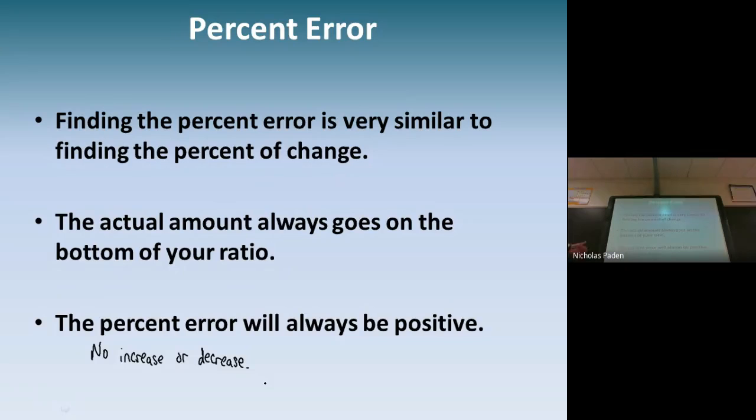And so this could be used maybe with estimation. How far off am I? How close am I to the number? It could be used, like I said, with experiments whenever we're trying to see how far off I was in my experiment versus what should have happened. And there's other ways that we can see what the percent error is. One example would be an experiment or a survey or a test with the coronavirus that we've been dealing with.